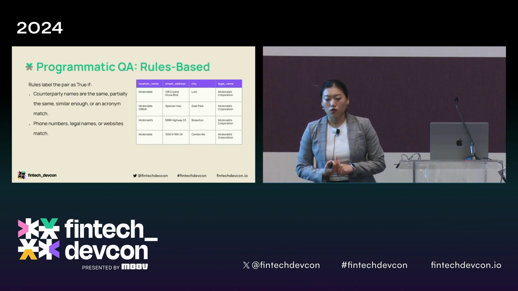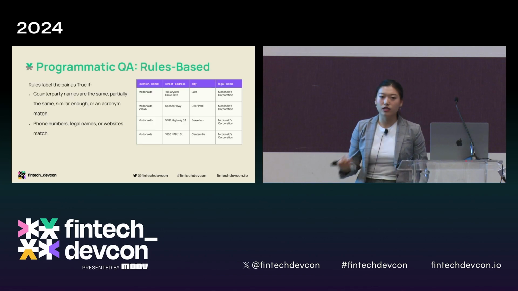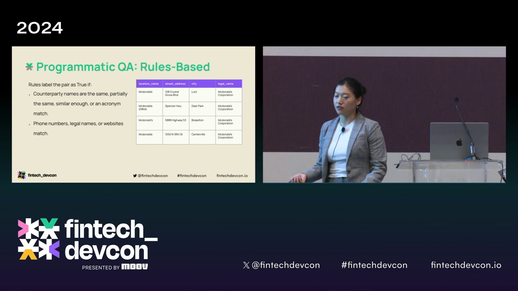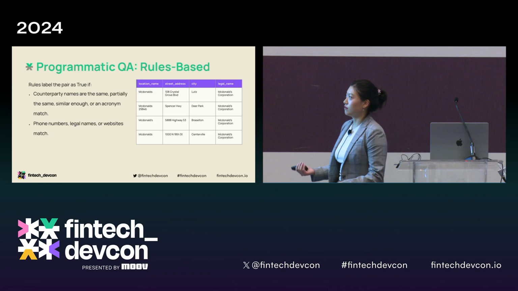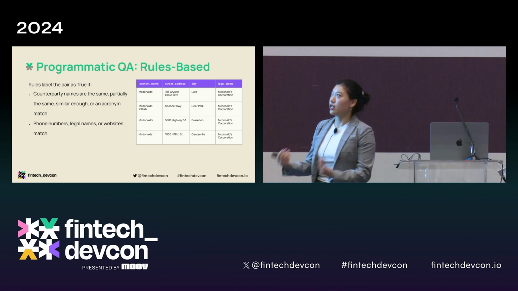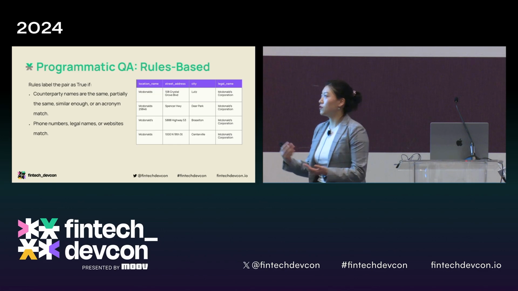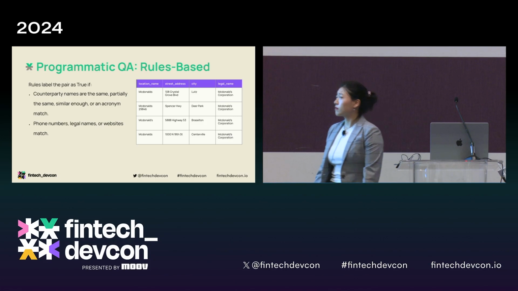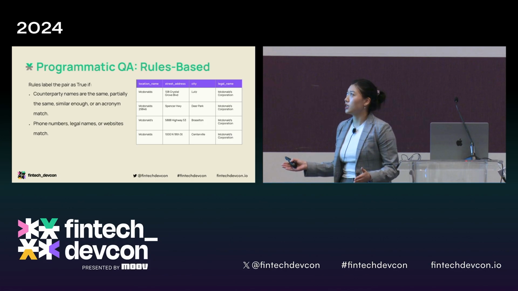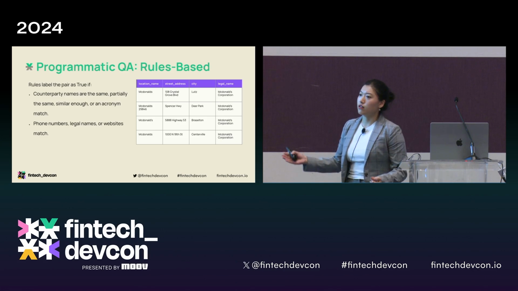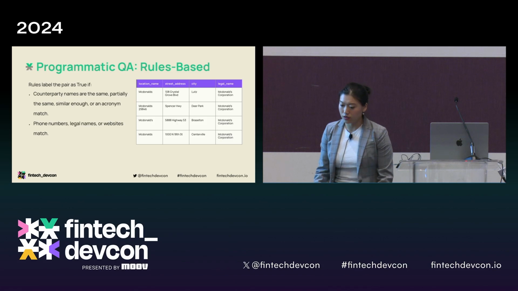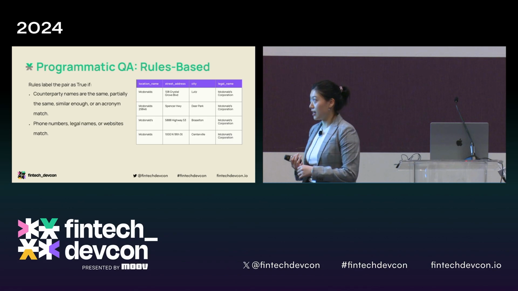Cool. So how can we make this process more scalable, cost-effective, and faster? That's the second approach that we chose. We moved to rule-based programmatic QA. Basically, this method allows us to label millions of data pairs in a very short period of time.